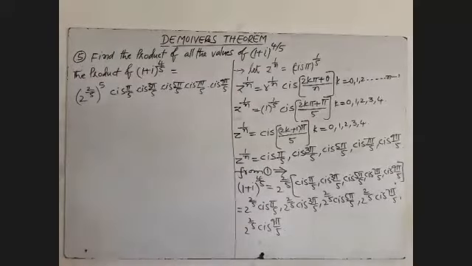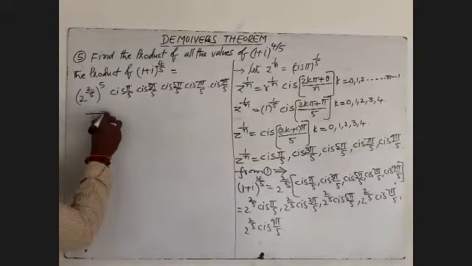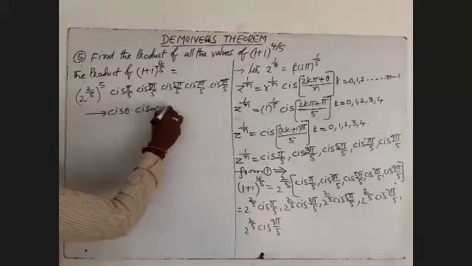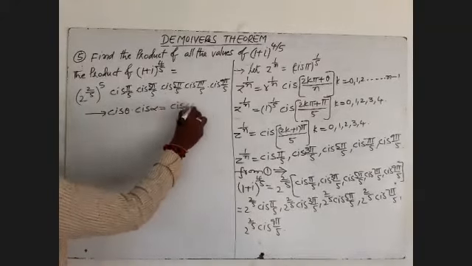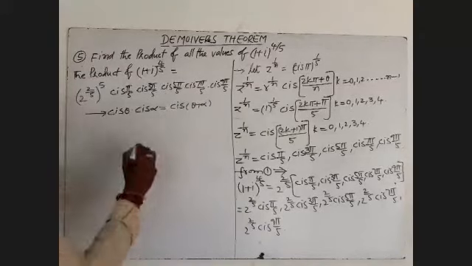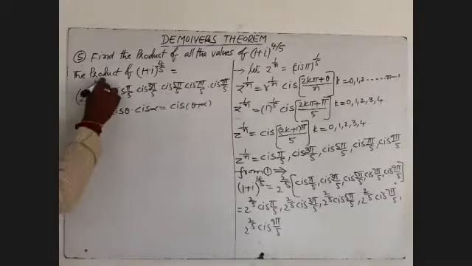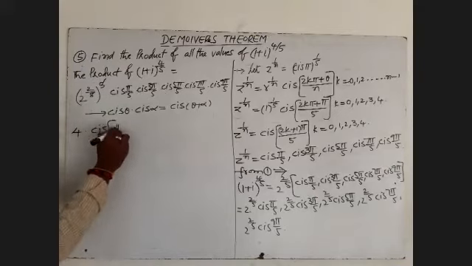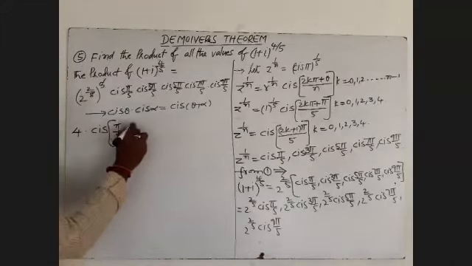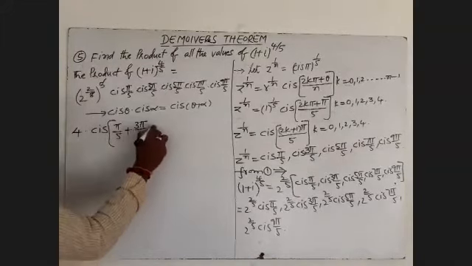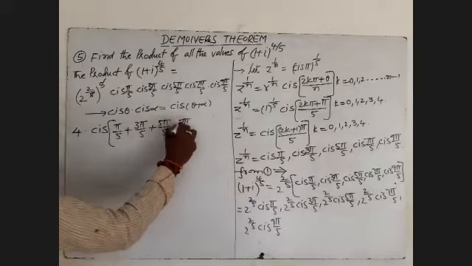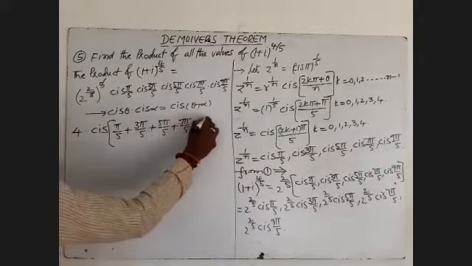Already we know the formula: cos theta into cos alpha is nothing but cos of theta plus alpha. Here the 5 and 5 will be cancelled, and 2 square is nothing but 4. Remaining we write cos of pi by 5 plus 3 pi by 5 plus 5 pi by 5 plus 7 pi by 5 plus 9 pi by 5.